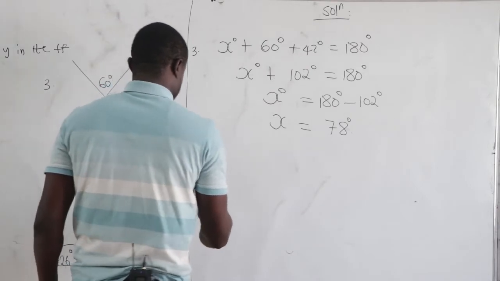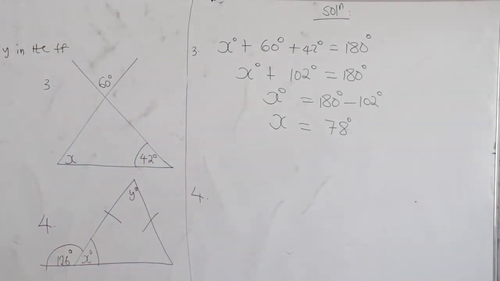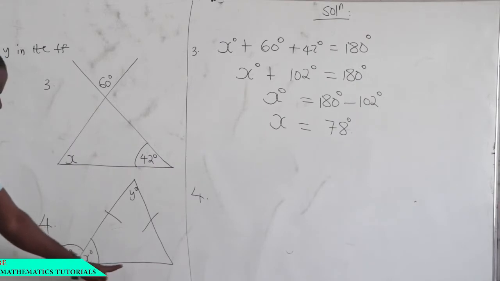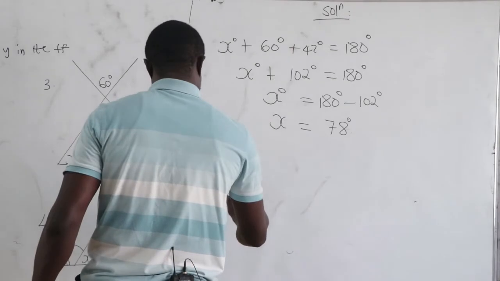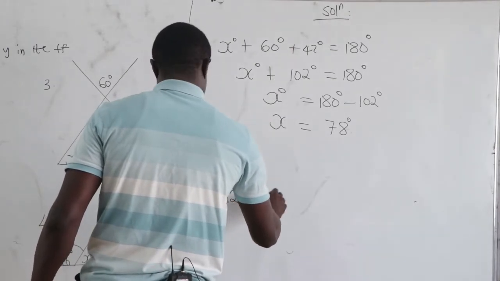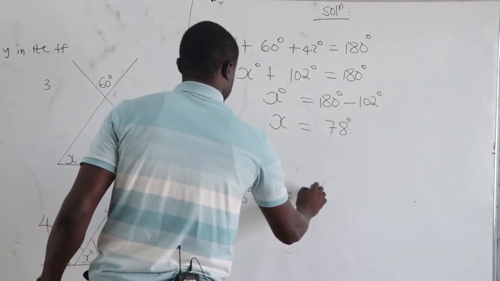Now let's see question number 4. In question number 4, we can see an isosceles triangle. The base angles are equal. Now what can we see here? This is a straight line. So the sum of angles on a straight line at a point is equal to 180 degrees. So what can we say? We can say that 126 degrees plus x degrees equal to 180 degrees.